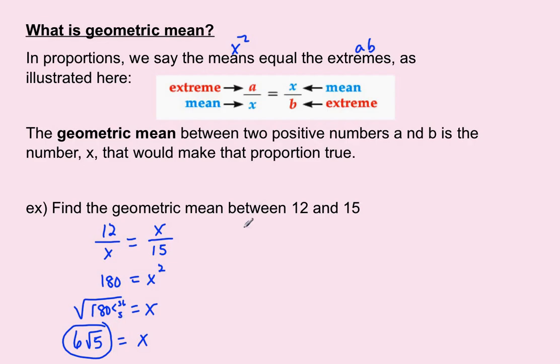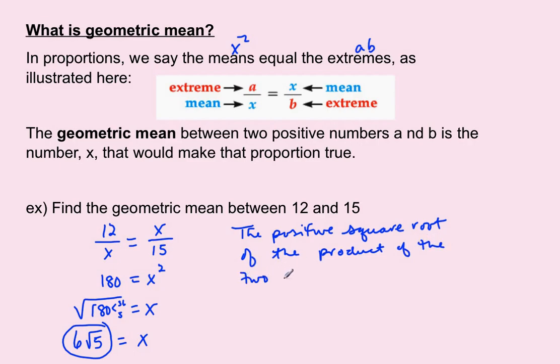Well, that means that the geometric mean is the positive square root of the product of the two numbers. So that's another way for me to define geometric mean in relationship to two numbers.